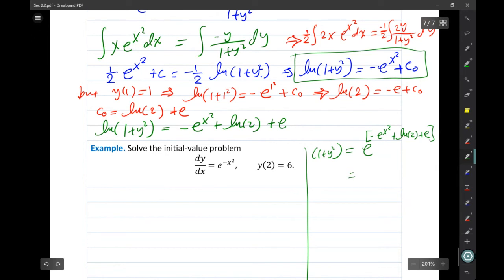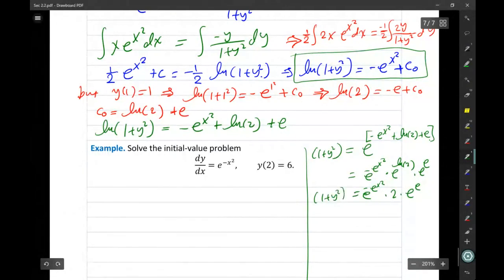The right-hand side equals e to the power minus e to the power x square, times e to the power ln 2, times e to the power e, which is minus e to the power minus e to the power x square, times 2, times e to the power e.